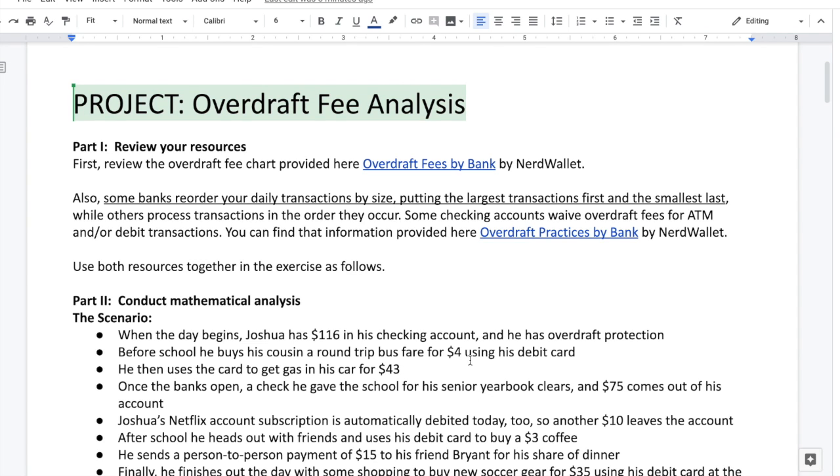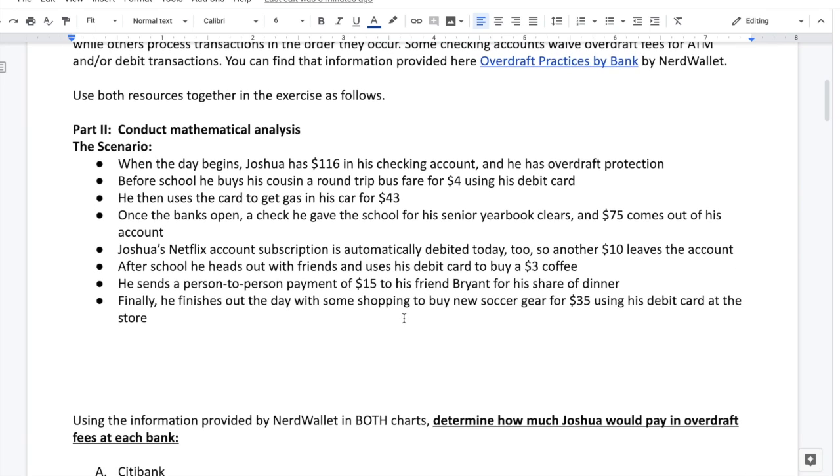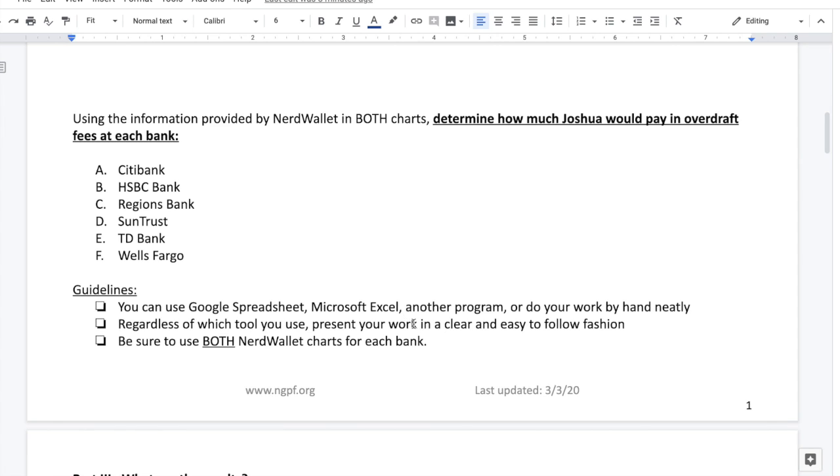So for the project you have to use two charts. Using the information provided from the two charts, you have to determine how much Joshua would pay in overdraft fees at each bank. So for Citibank, HSBC Bank, Regions Bank, SunTrust Bank, TD Bank, and Wells Fargo.